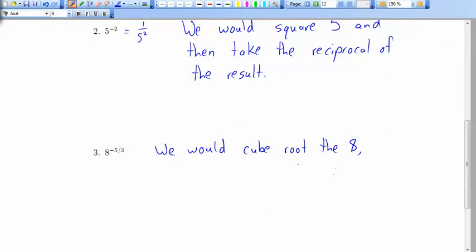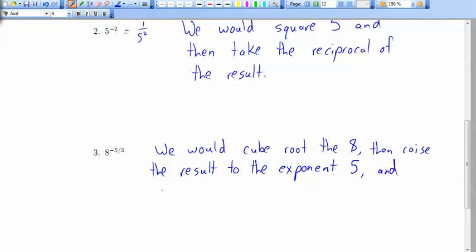And then we could raise the result to the exponent 5. And finally, take the reciprocal. Okay, and that three-step process would allow us to compute 8 to the negative 5/3.